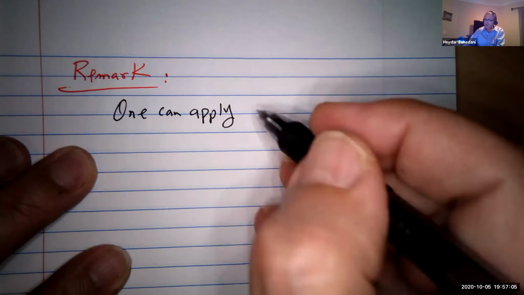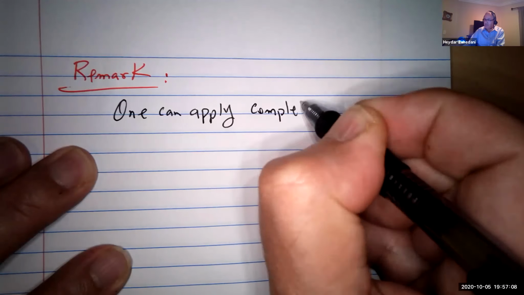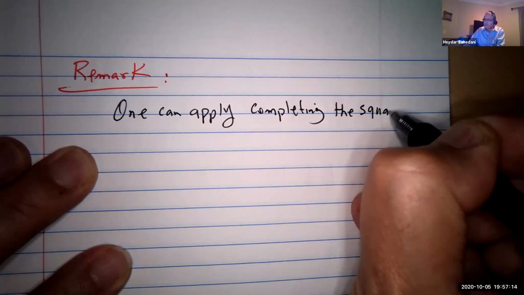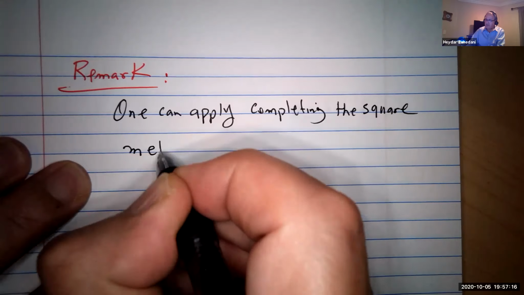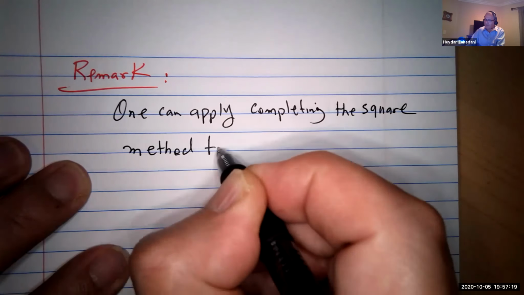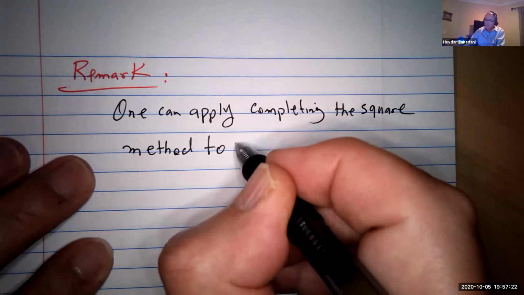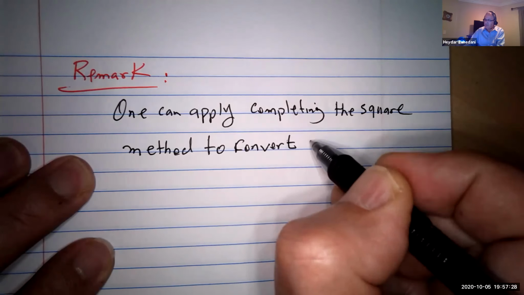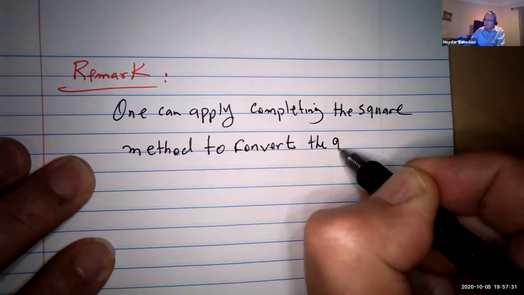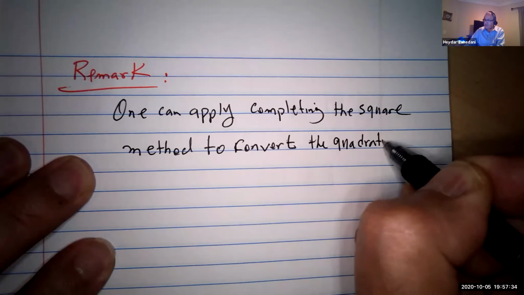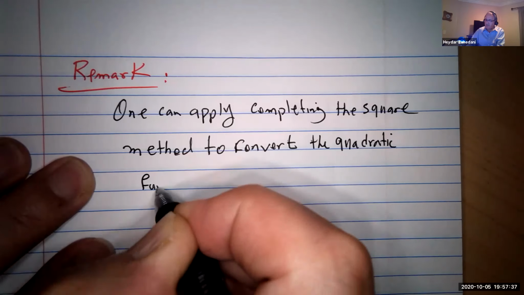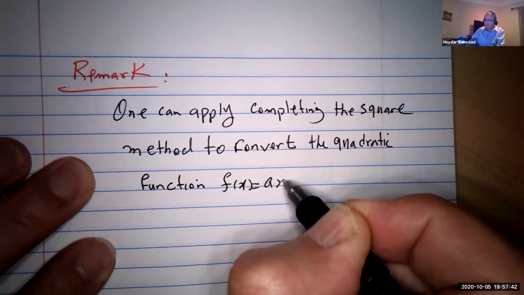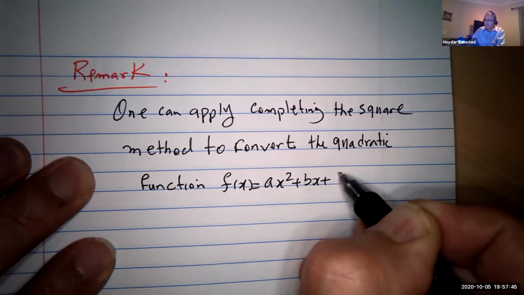Remember, the completing the square method, okay, to rewrite, if you like, to convert the quadratic function f(x) = ax² + bx + c.